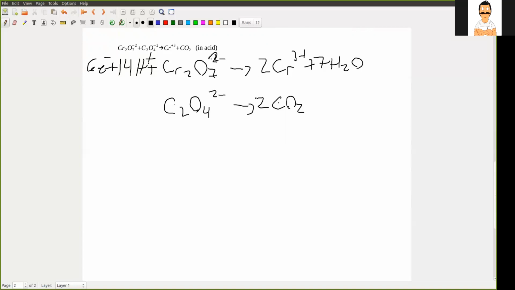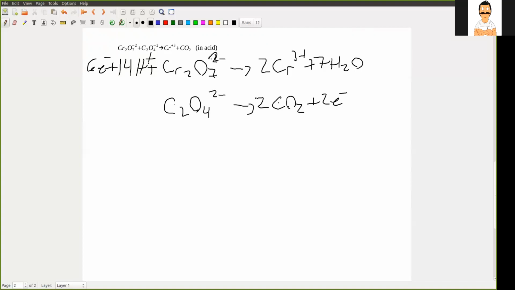And then we need to look at our second equation. We have a minus 2 versus a plus 2, or a minus 2 versus neutral, so we need to add 2 electrons to balance the charge.